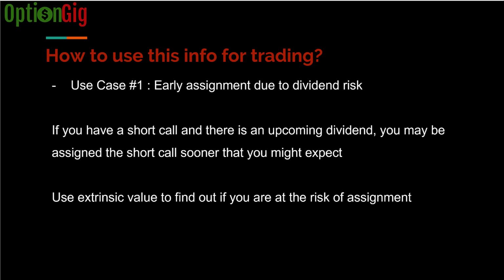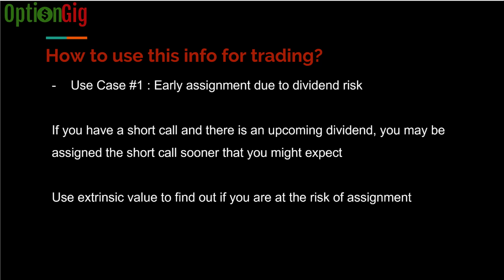If you have a short call and there is an upcoming dividend, then you should look at how much extrinsic value is left in the short call and find out how it compares with the dividend that is expected to be paid. Now here's a secret.